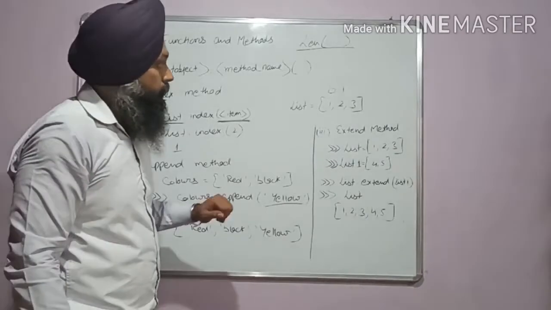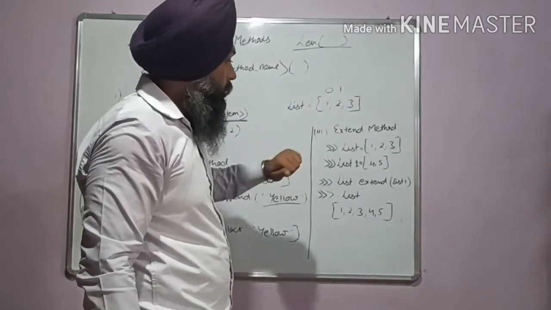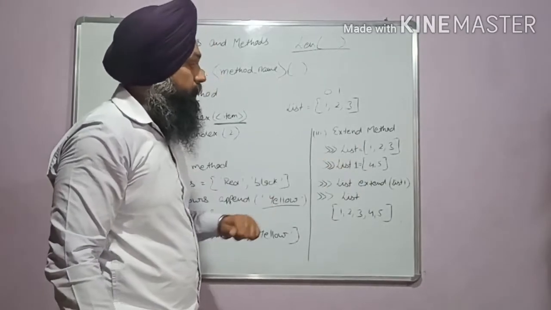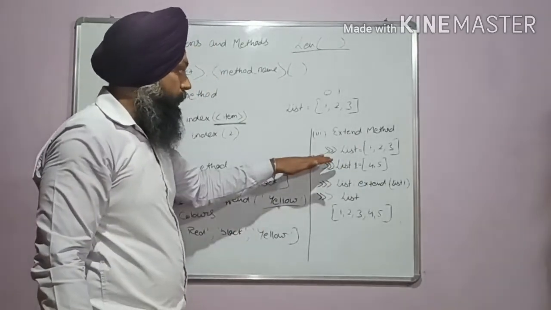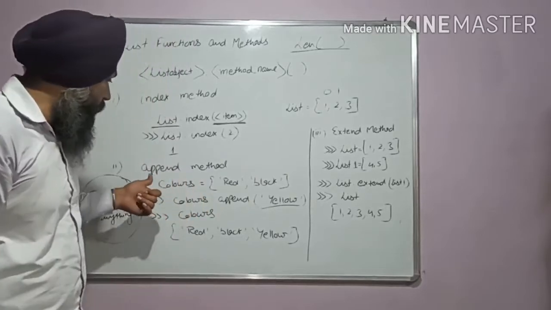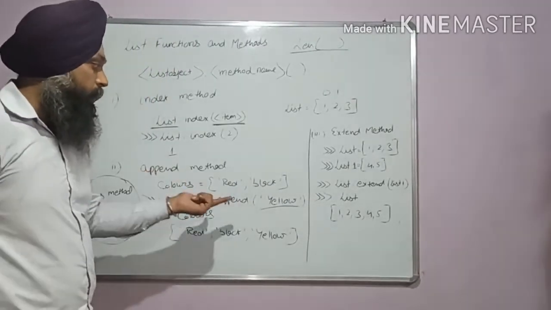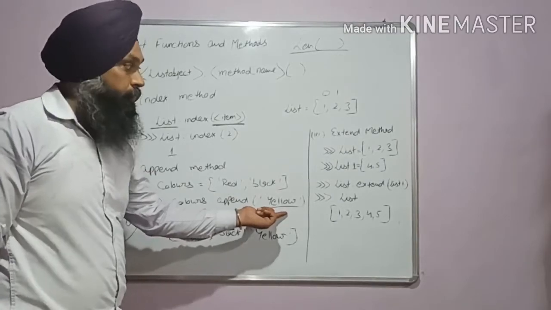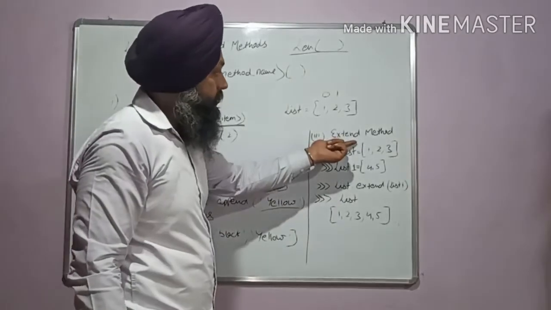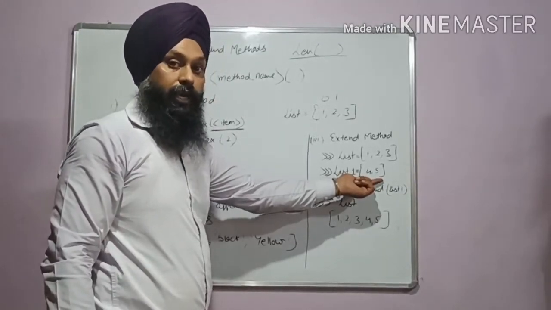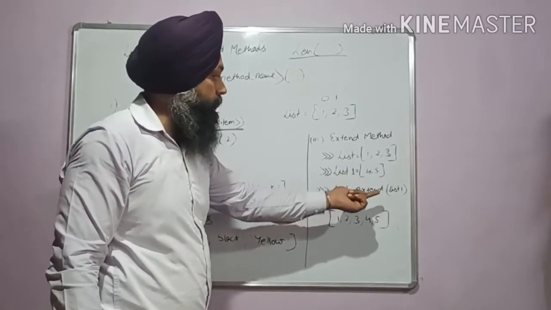Next we have the extend method. Extend method is also used to add elements to the list, but it is different from the append method in that, with append, we can add only one element at a time, but with extend we can add multiple values at the same time.